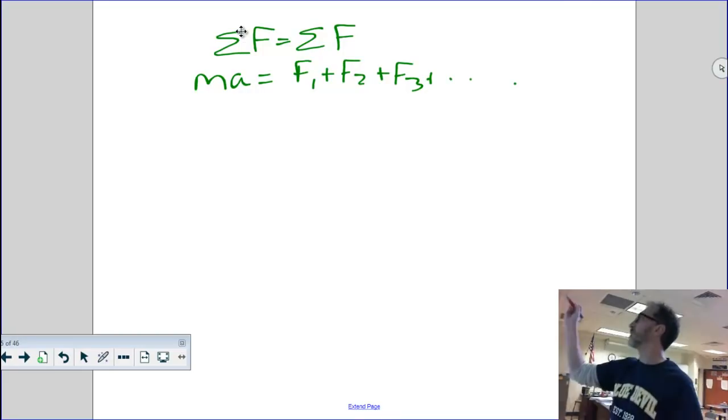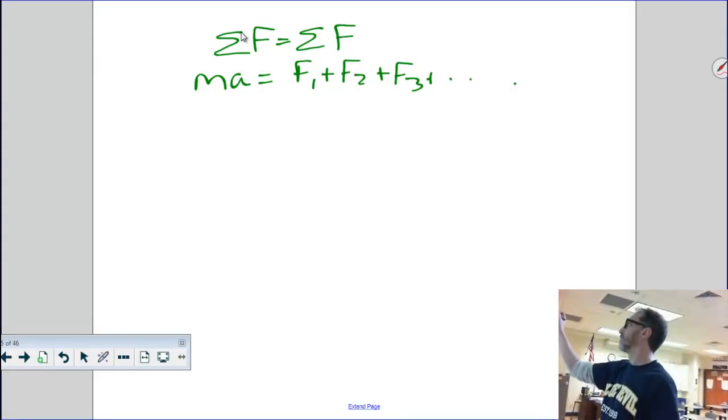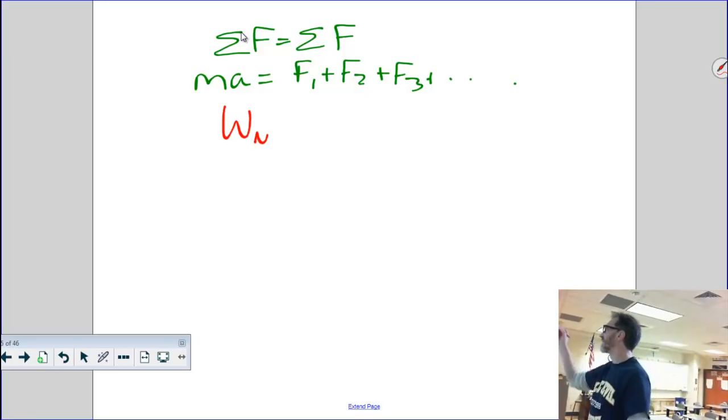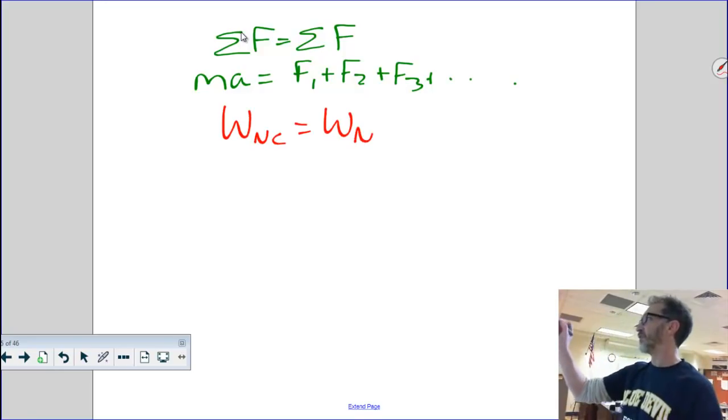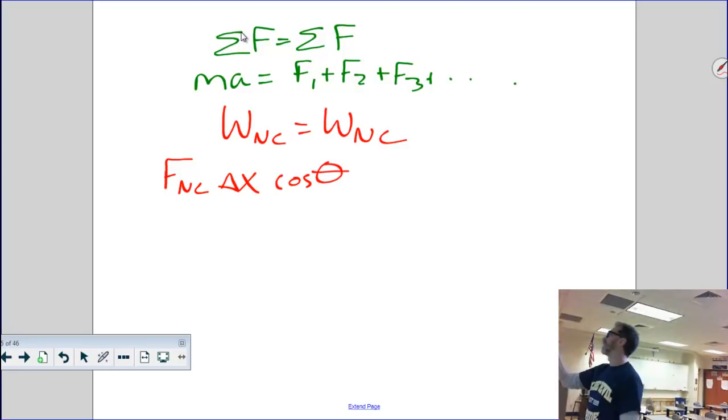When we did work and energy, we found that the work done by non-conservative forces, non-conservative force times displacement times the cosine of theta, was equal to the change in total energy, right?